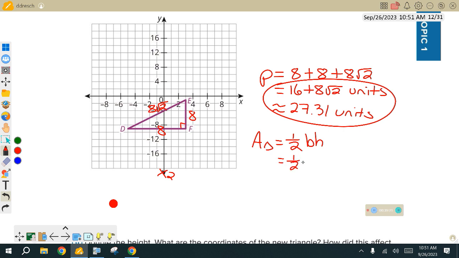What is 8 times 8? And half of 8 times 8 is 32. Half of 64 is 32. And is any rounding required? No, right? Half of 64 is 32. No rounding required. Okay?